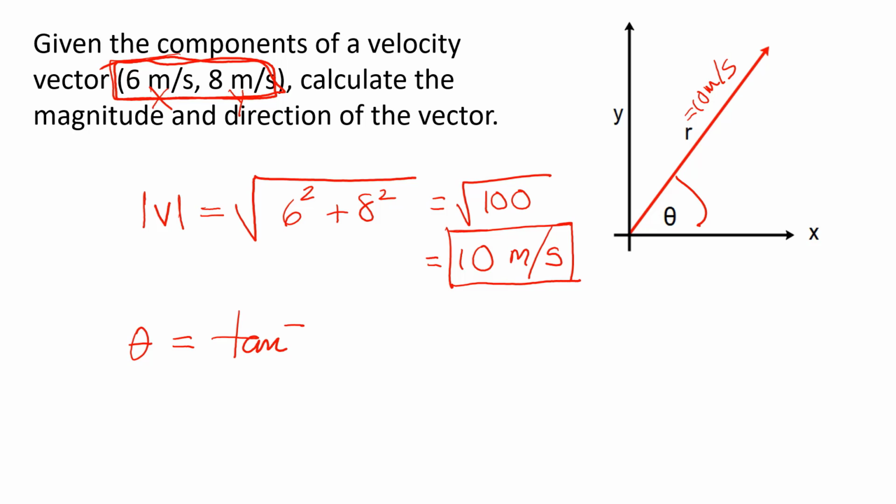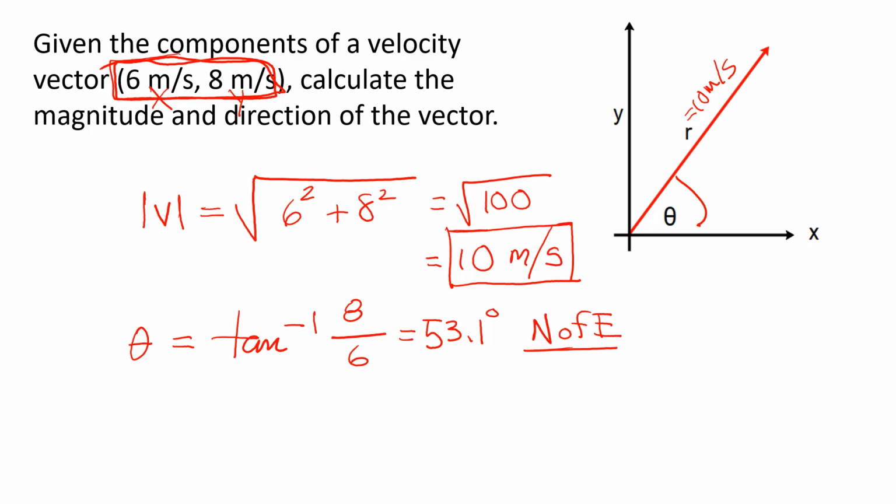Inverse tan is the y component over the x component, and that's going to give you 53.1 degrees.